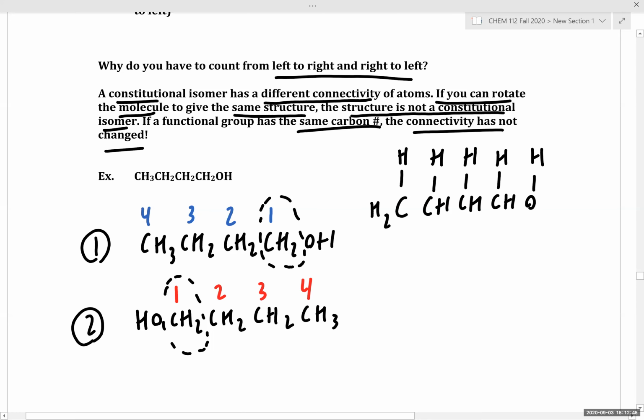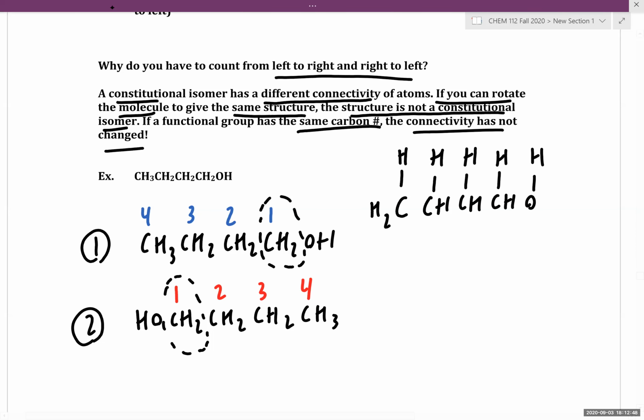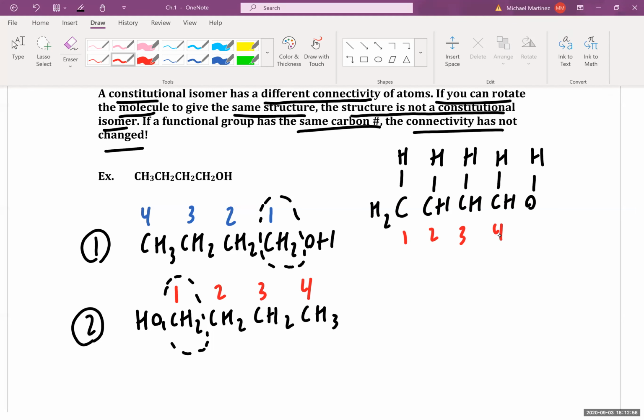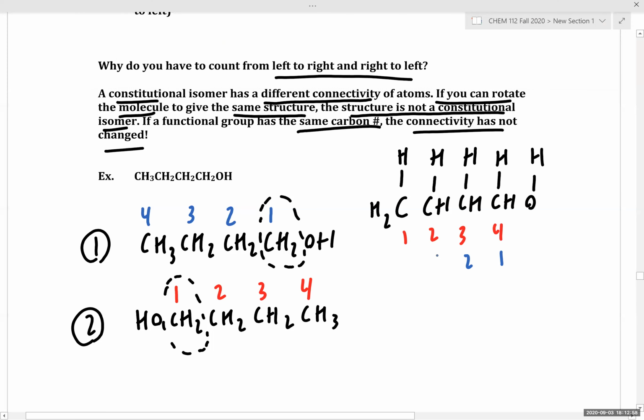Based on this rule, we're going to number this molecule from left to right and right to left. So we can swap any functional group or carbon and any hydrogen if the number in blue and red are different.